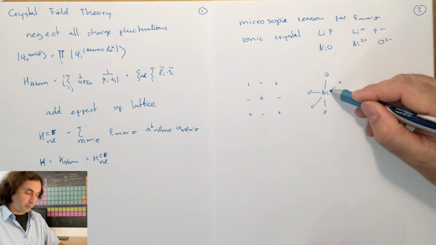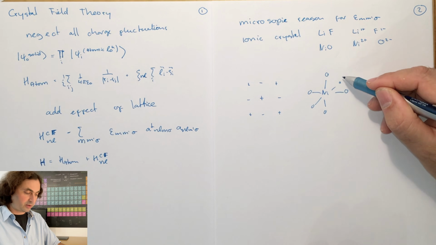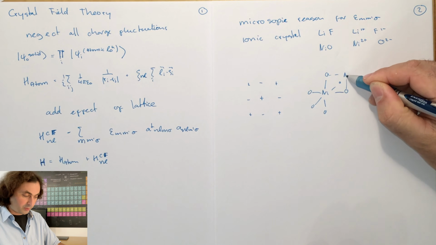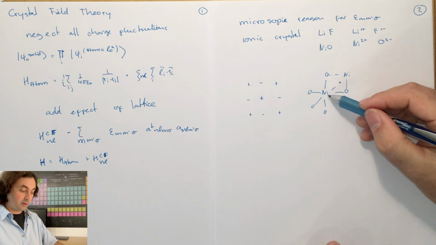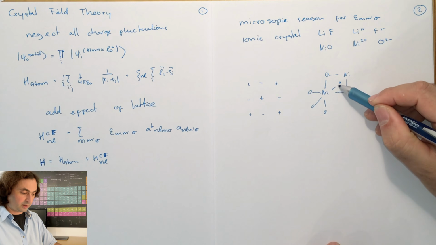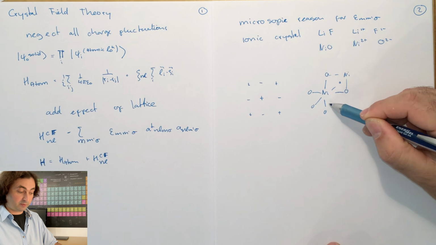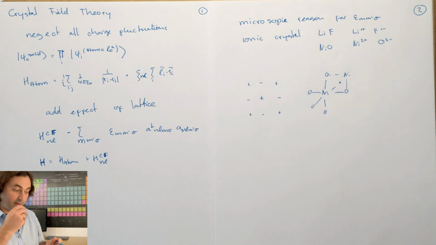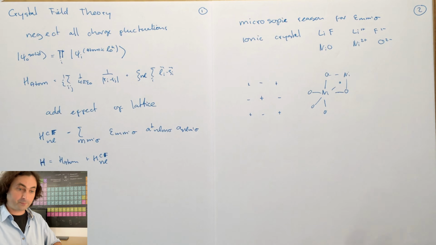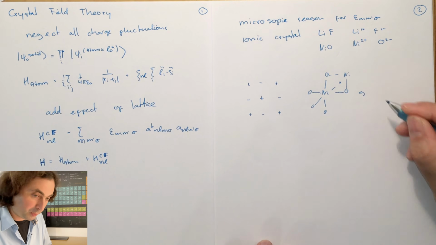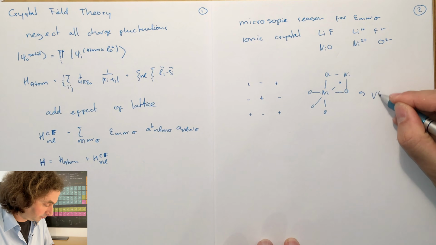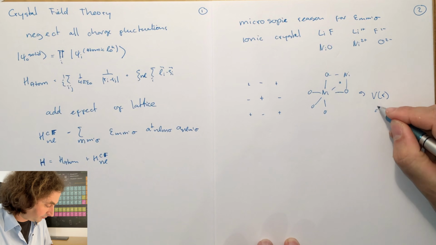But if you would move along a 1-1-1 or a 1-1 direction, you would find a positive nickel ion again. So as a function of angle, we have a negative, positive, negative, positive, negative, positive, negative, positive charge, alternating with angles of 45 degrees. So this will give you a potential due to the charge.